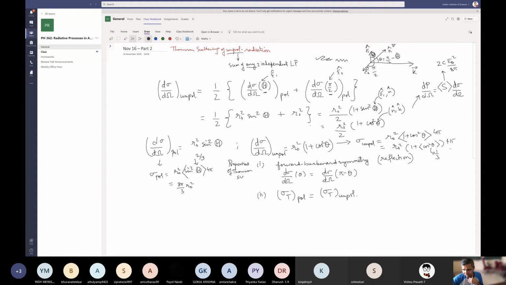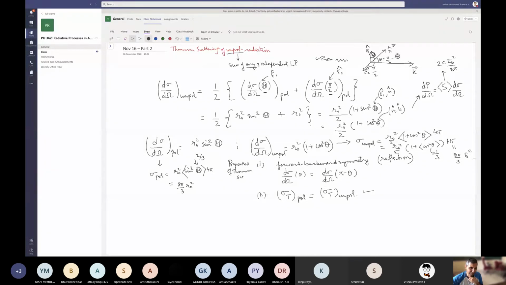So this is 1 plus 1/3. Oh, there is a factor of 2 here. I missed it. So this is 4/3, and there's 2/3 times 4π. So the whole thing in the end is equal to 8π/3 r0 squared. Is that not right? So basically you can see this from here.